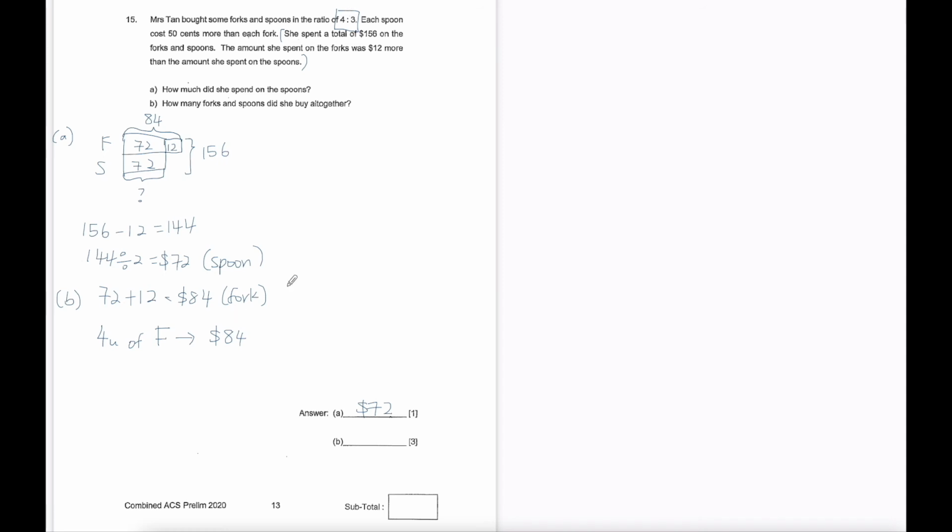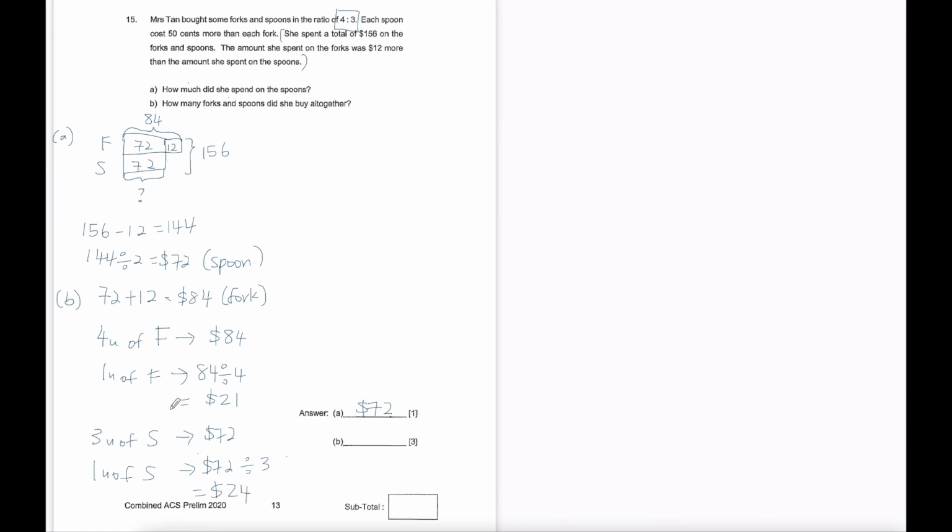So 4 units of fork is $84, and 1 unit of fork will be 84 divided by 4, which is $21. And next thing I know is that 3 units of spoon equals $72. So 1 unit of spoon is 72 divided by 3, which is $24.